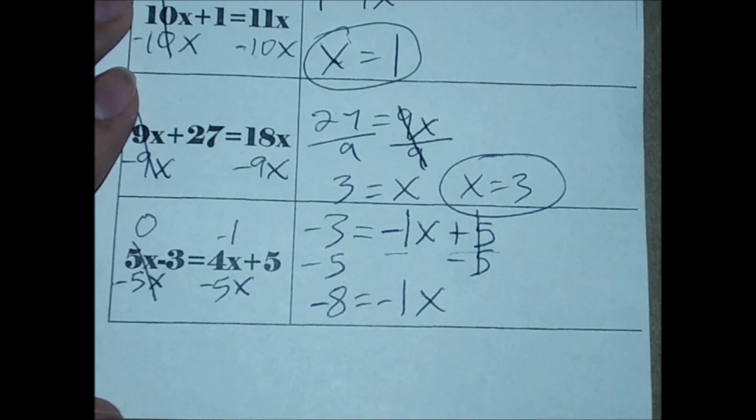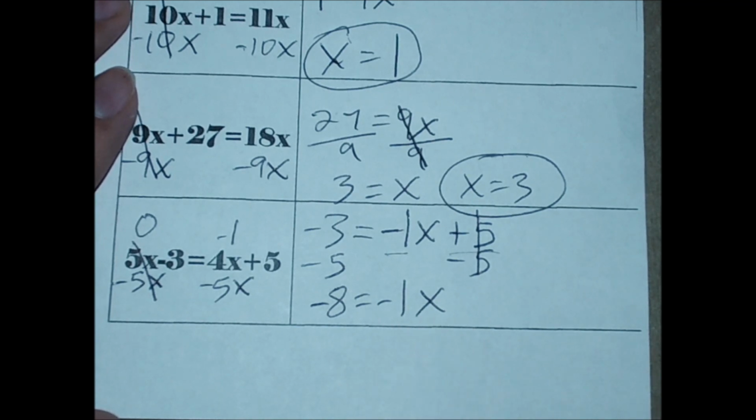Now, the operation here is what? X equals negative 8. What operation is there between the negative 1 and the x? How is it being put together? Times? Yes, negative 1 and x are being multiplied.